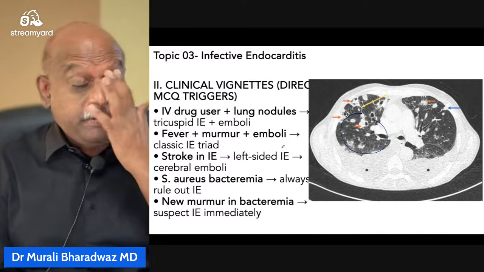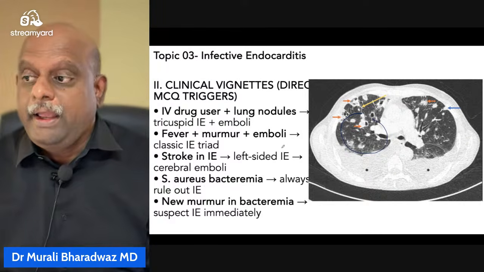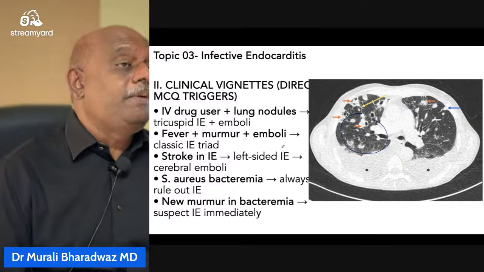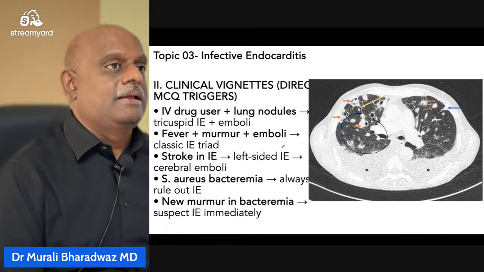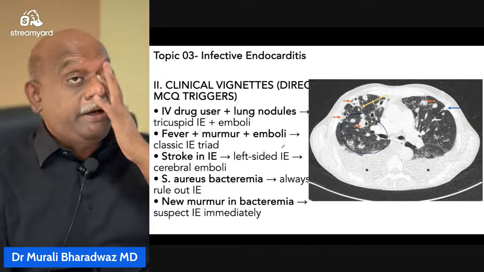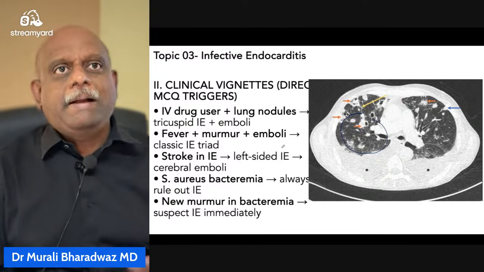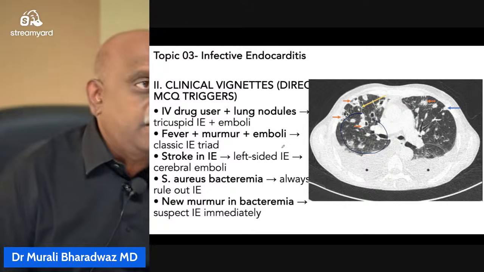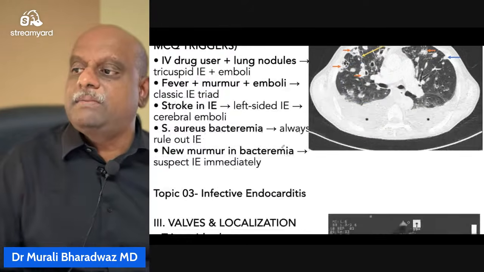That's the reason there will be cerebral emboli. Any person whose blood has grown Staph aureus bacteremia, invariably you need to rule out infective endocarditis. And in any bacteremic individual, whenever there is any new murmur, you need to suspect infective endocarditis immediately.